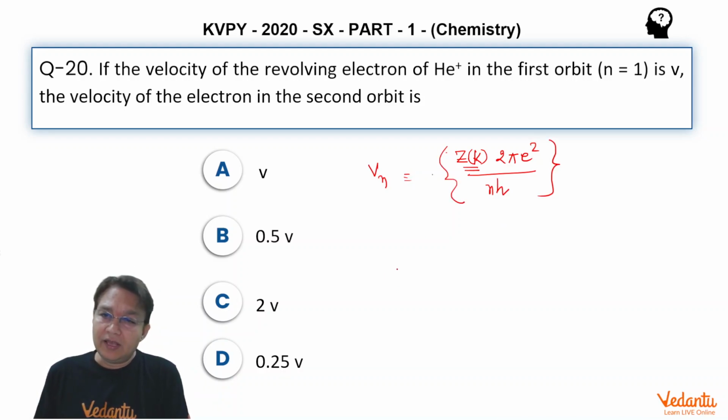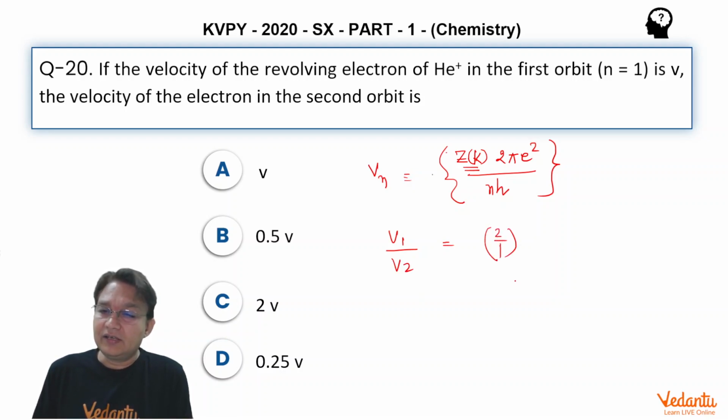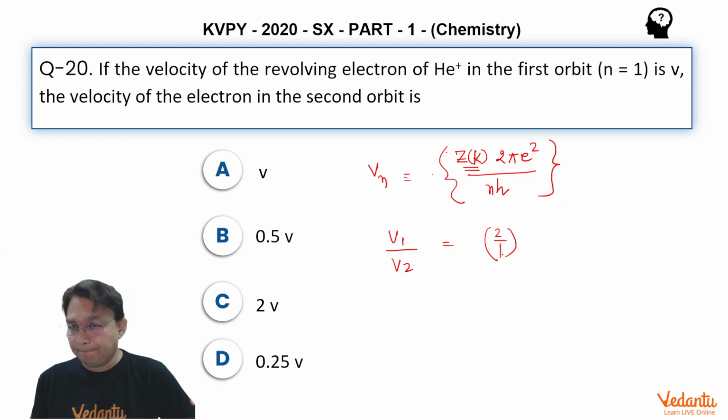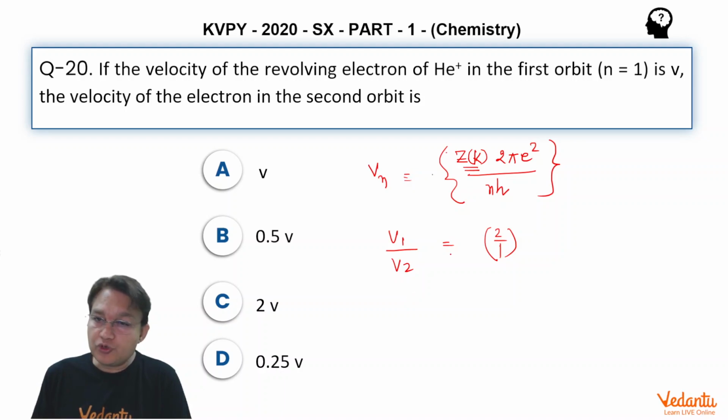So for n equals 1, we have this, and when you change n to 2 in the second orbit, there is an n factor in the denominator. Rest everything will be the same. So of course v1 upon v2 should be equal to 2 upon 1, because v1 is proportional to 1 and v2 is proportional to this.